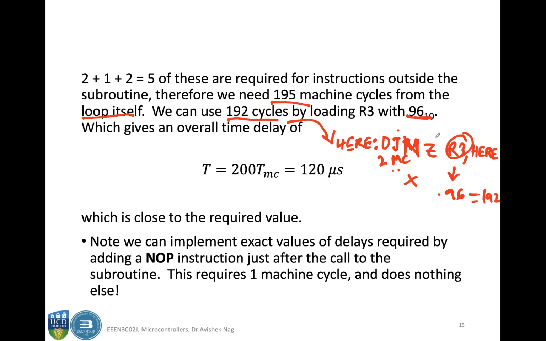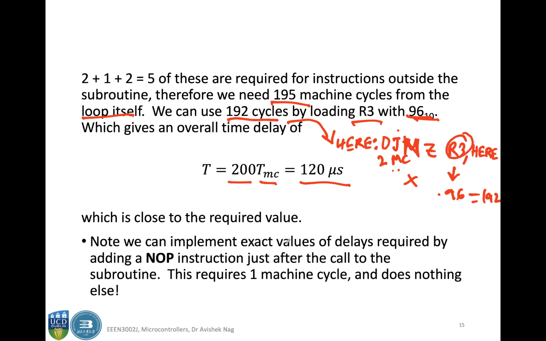Okay, so you have to load R3 with 96, and that will give you an overall delay of 200 machine cycles, which is equal to 120 microseconds.